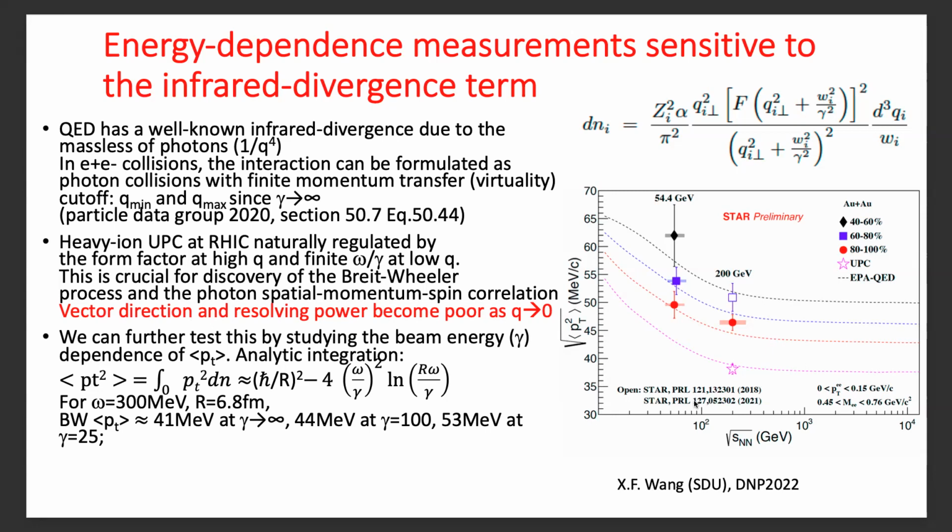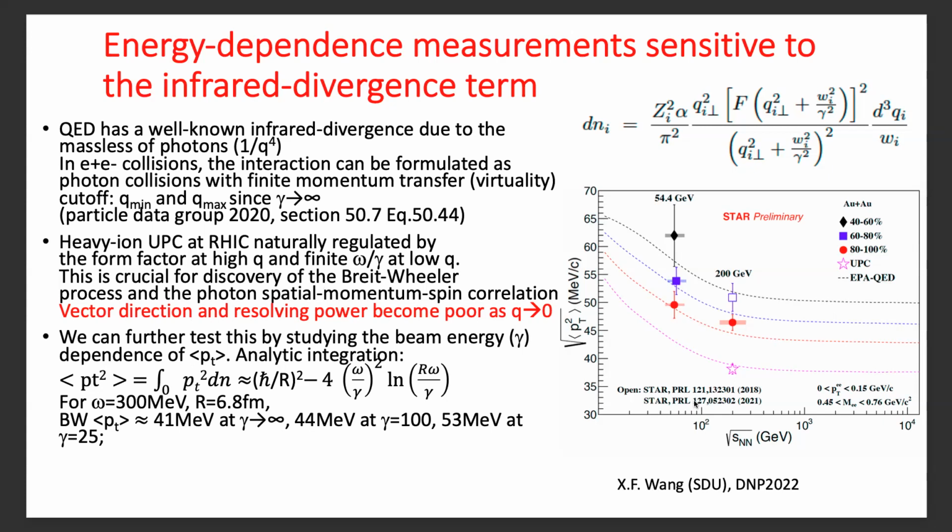But for the heavy ions, it is automatically regulated in the infrared by the gamma factor, which is not big, and the high energy is automatically cut off by the form factor because it's big, right? And we can test this by studying the energy dependence.